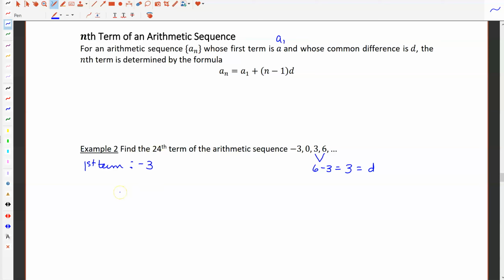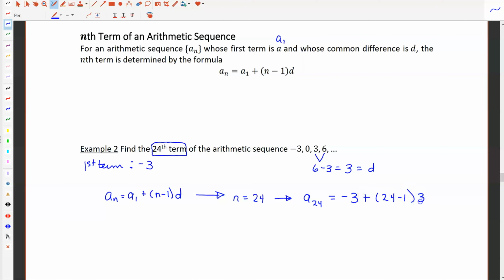So the general formula is A sub n is equal to A1 plus n minus 1 times D. In this problem, I want to find the 24th term, so my value for n is 24. Putting that into my general formula, A sub 24 is equal to the first term, which is -3, plus 24 minus 1 times my common difference, which for this problem is 3.